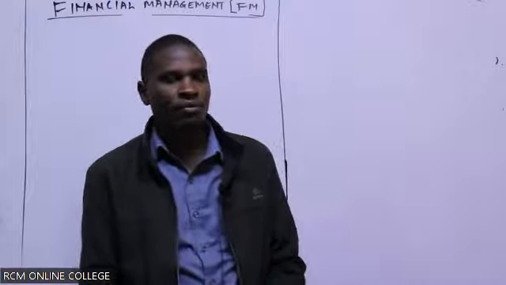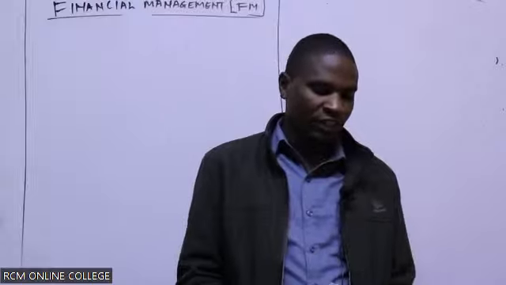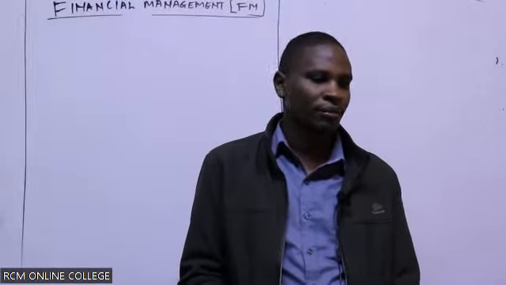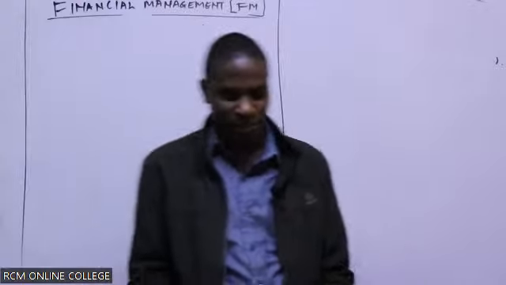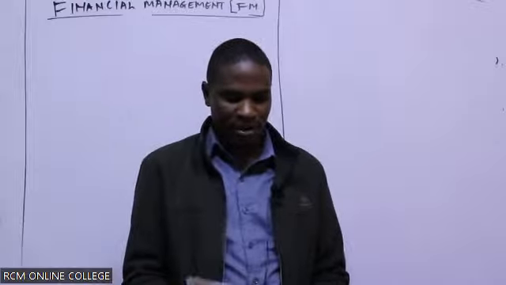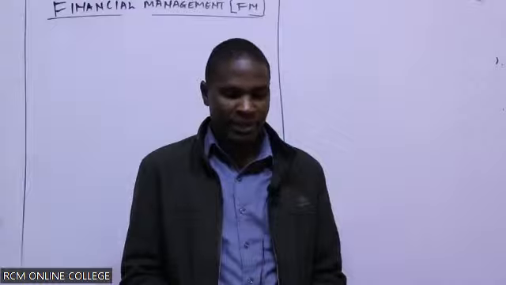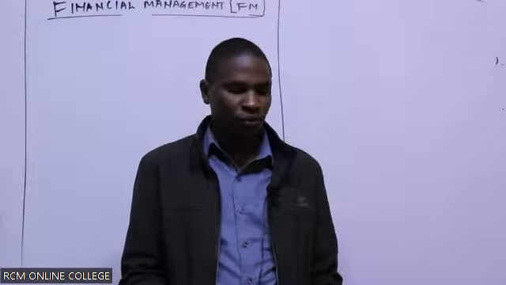How do we arrive at the break-even point? And then the operating break-even quantity of sales in units also. Then degree of operating leverage, degree of financial leverage, and the last one is degree of total leverage.